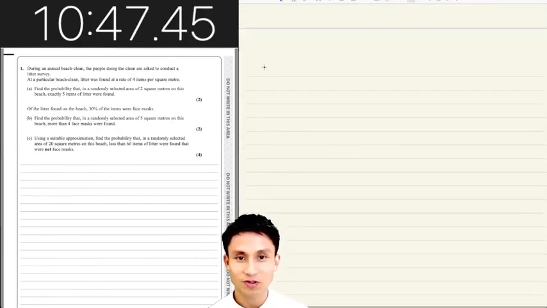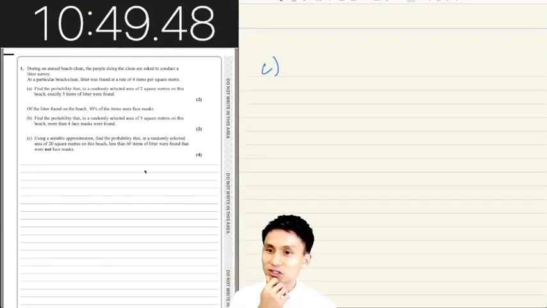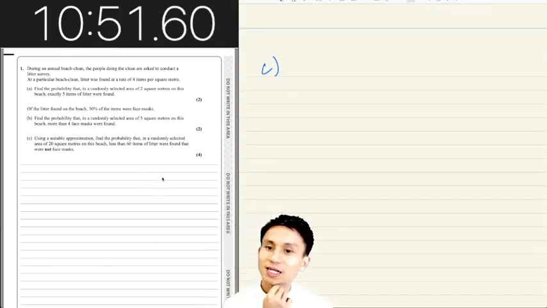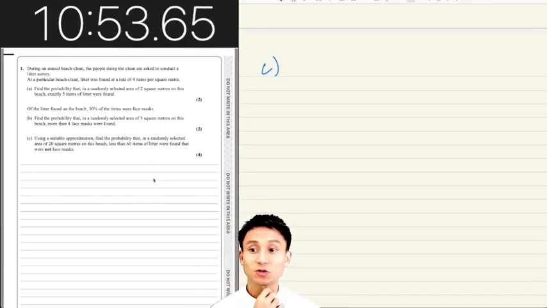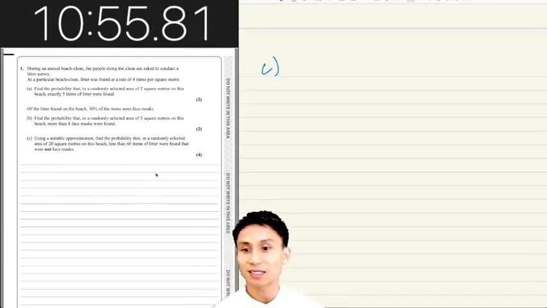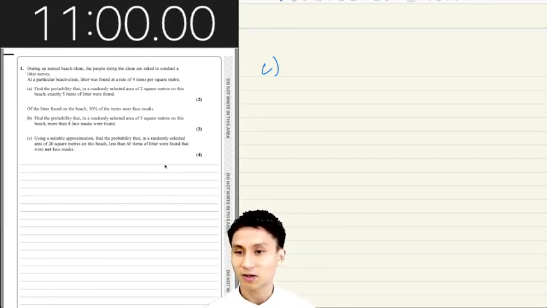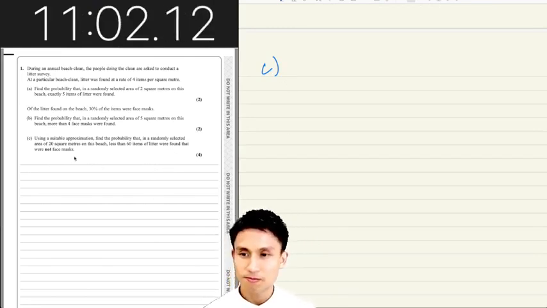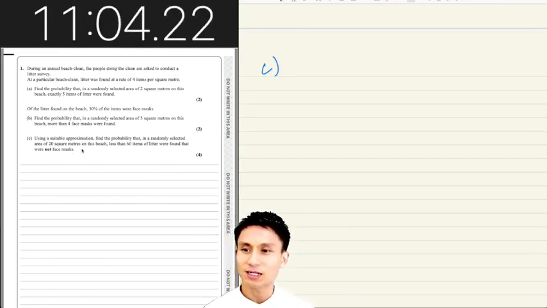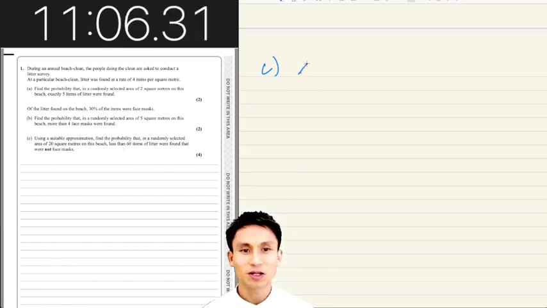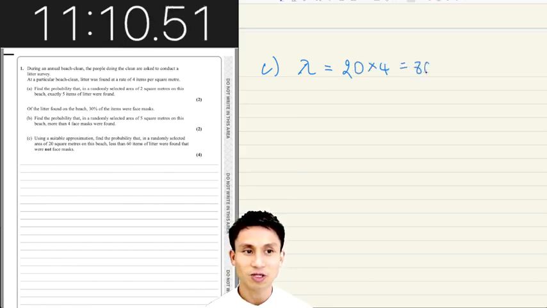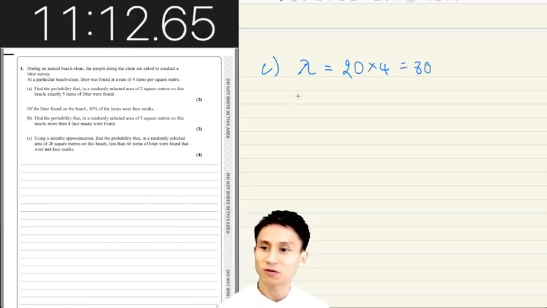All right, so C. Using a suitable approximation, find the probability that in a randomly selected area of 20 square meters on this beach, less than 60 items of litter were found that were not face masks. Okay. So lambda will now be equal to 20 times 4. That's beyond what the table can offer us, right?